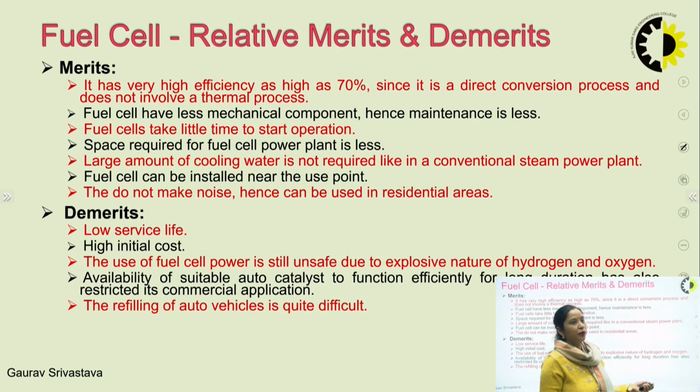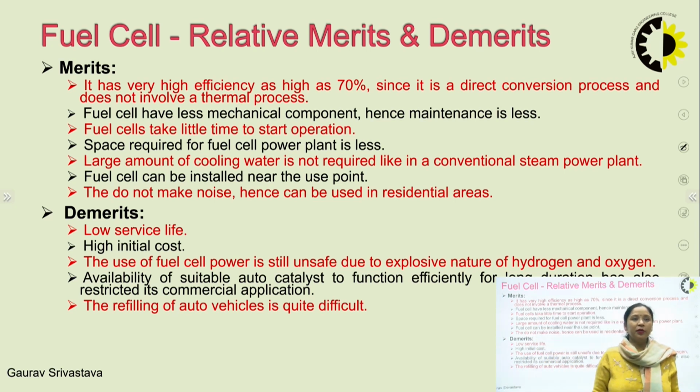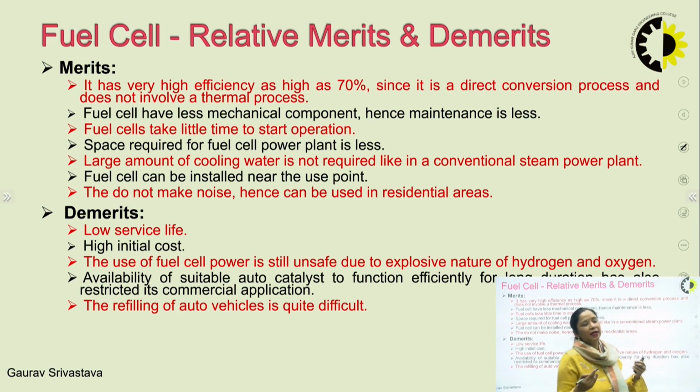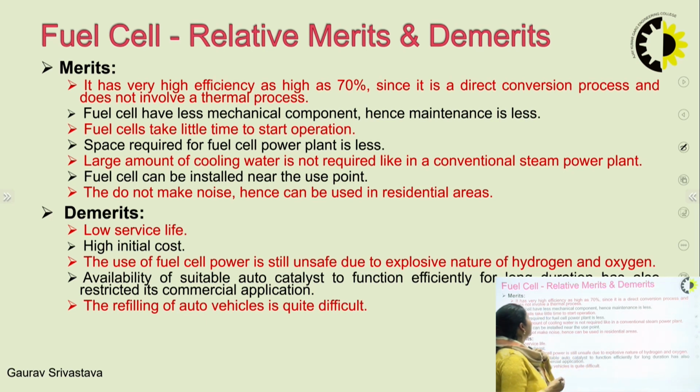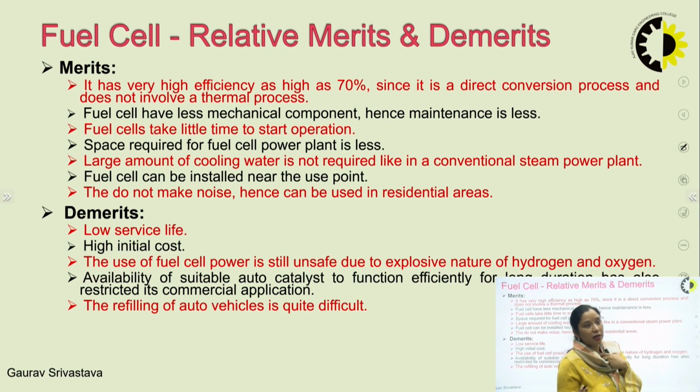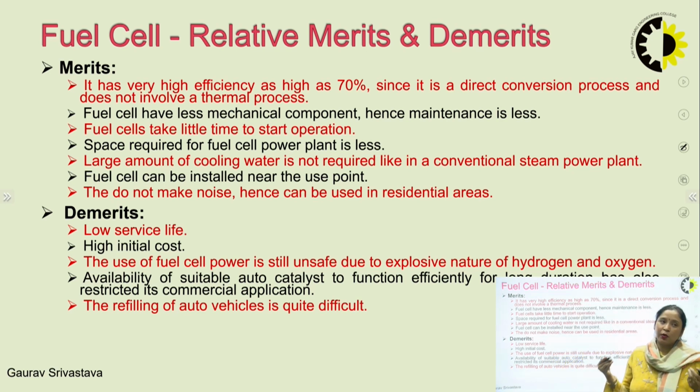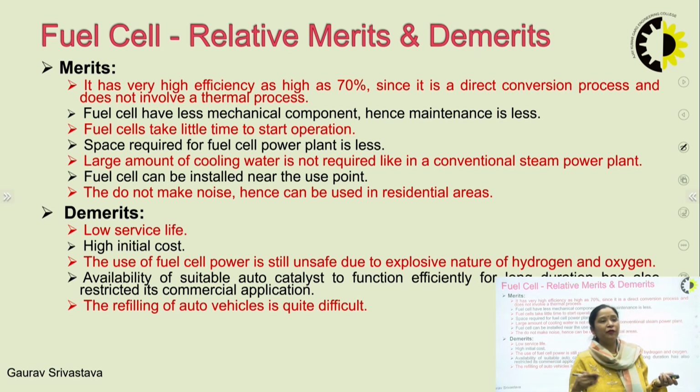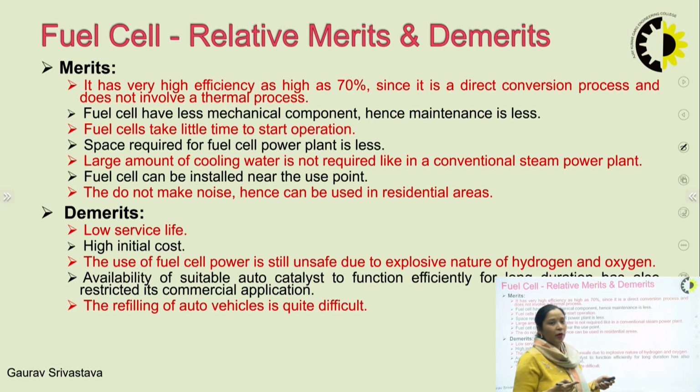Merits of the fuel cell: it is very high in efficiency, from 70%. It uses a direct conversion process and doesn't require any thermal process. Fuel cells take a little time to start. Fuel cells have no mechanical component, hence maintenance required is less, space required is also less, and a large amount of cooling water is not required like in a conventional steam power plant.